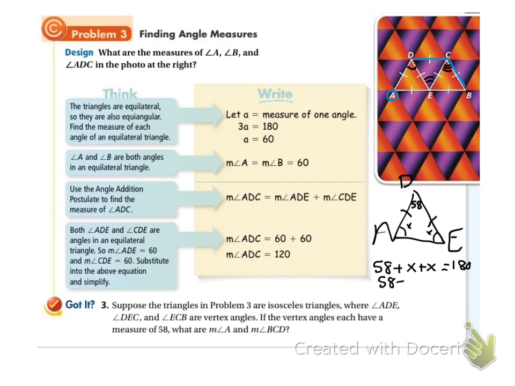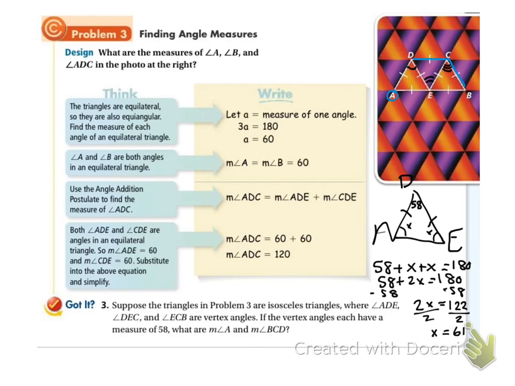So 58 plus 2x equals 180. I subtract 58, and I get 2x is equal to 122. Yep. So I divide by 2, and x is equal to 61.